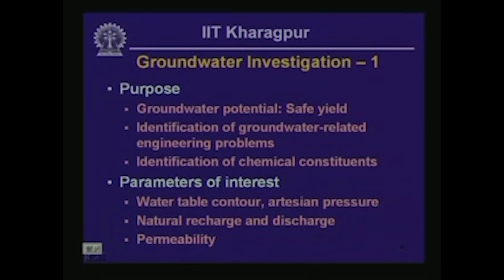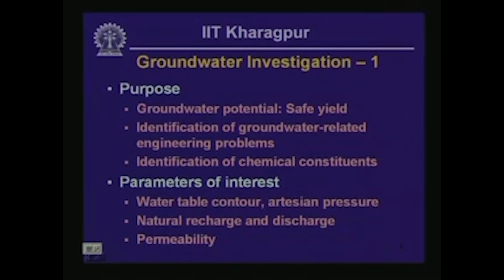That investigation should ideally give us some idea about the safe yield of an aquifer. To do that, we not only need investigation of the subsurface groundwater condition, we also need some handle on the meteorological aspects, some idea about the weather pattern that is prevalent in the particular region of interest.